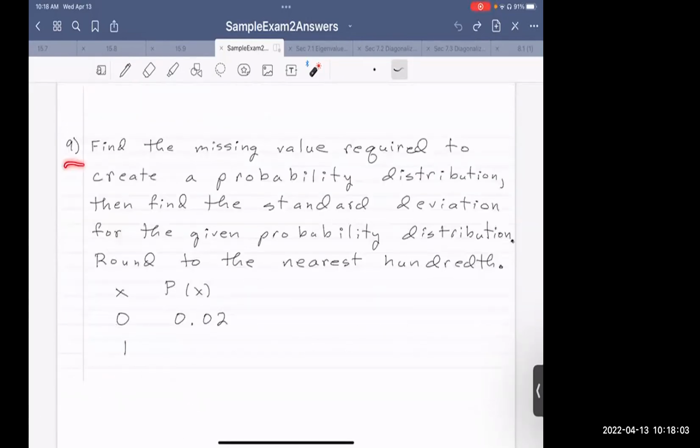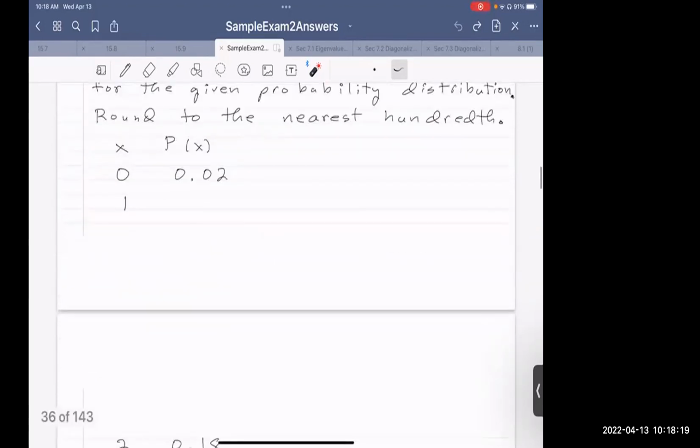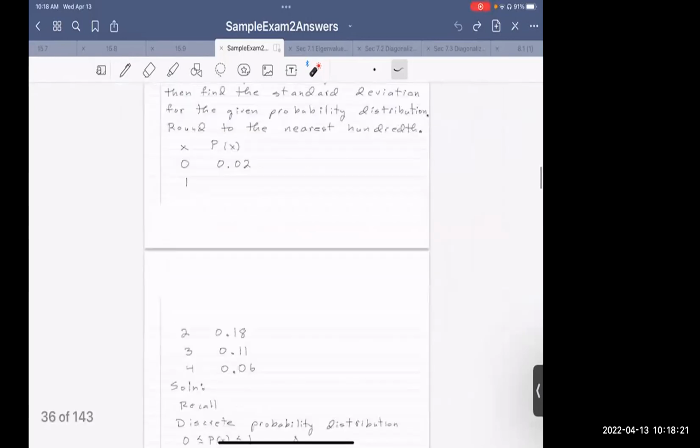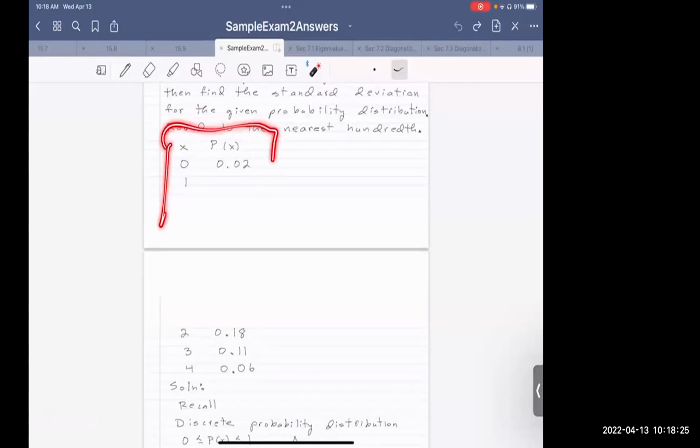Problem number 9. Find the missing value required to create a probability distribution, then find the standard deviation for the given probability distribution. Round to the nearest hundredth. So in this case, we have a distribution that is missing one number.